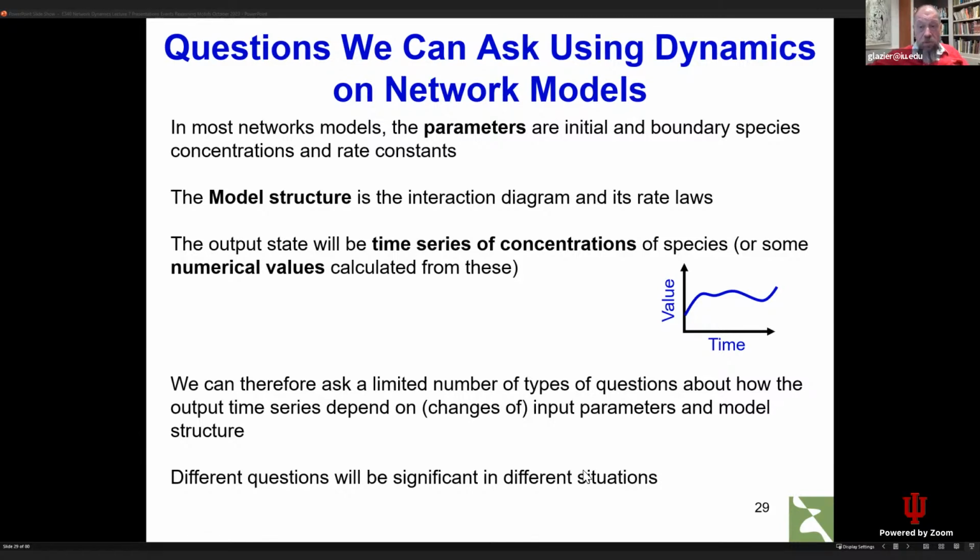Now, when we do agent-based models, where our outputs are movies with cells that are moving around and doing things, it's harder to do the analysis. But for network models, we have a fairly limited number of things we can ask. What's going to be useful will depend on the situation and what we're trying to understand.